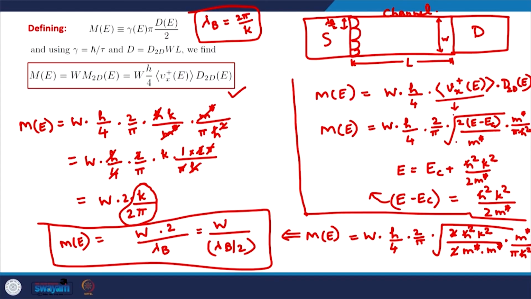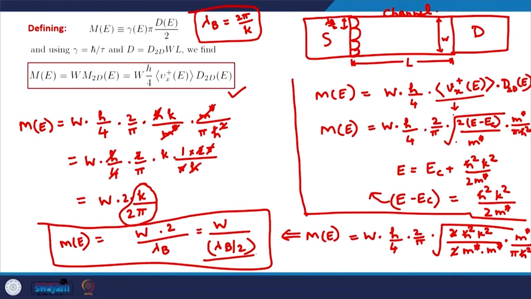So what it says is that the width of a conduction pathway, or so to say the width of a highway or a lane in the channel, is essentially the de Broglie wavelength divided by 2. So in order for an electron to travel through the device, it needs at least lambda b by 2 space.